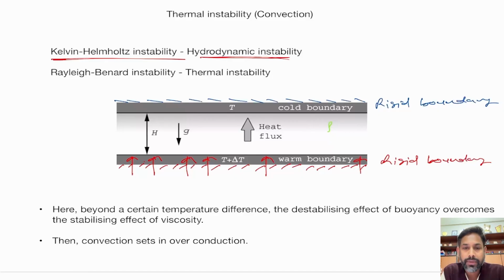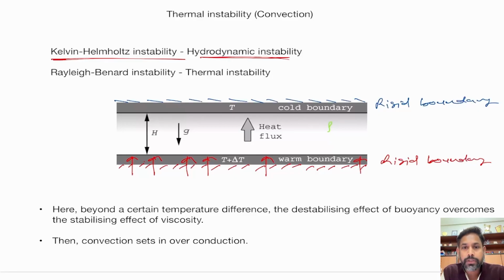Okay, so when we heat it up with a temperature of delta T compared to the upper layer, slowly heat transfer begins, right? Heat flux goes from the bottom layer to the upper layer, and originally heat transfer happens in the form of thermal conduction, right? And there is no movement of fluid.